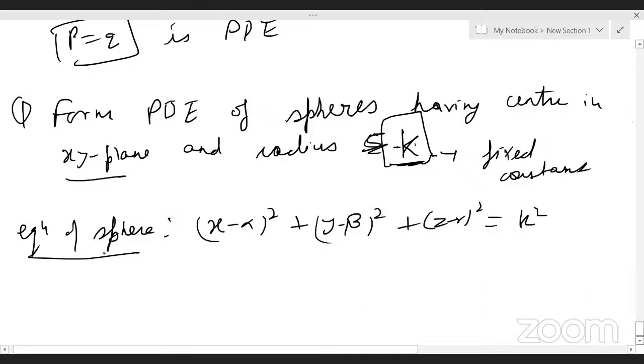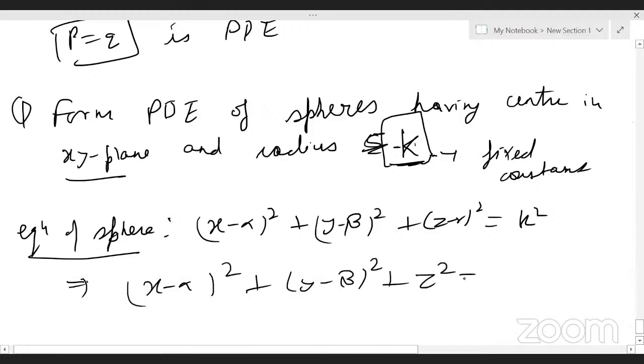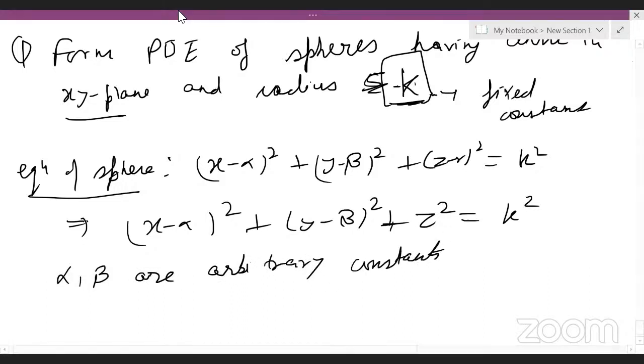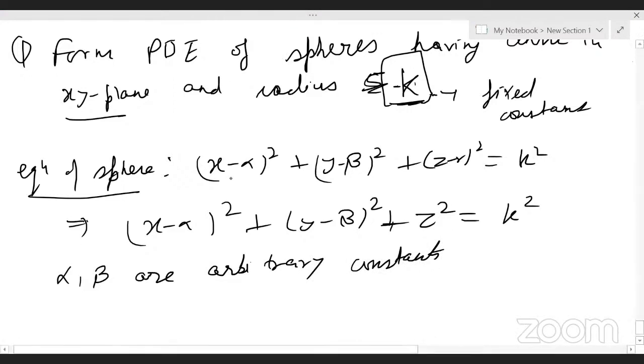But because the center lies in the XY plane, the z coordinate of the center will be 0. The equation of the sphere reduces to (x minus alpha) squared plus (y minus beta) squared plus z squared is equal to k squared, where alpha and beta are arbitrary constants.